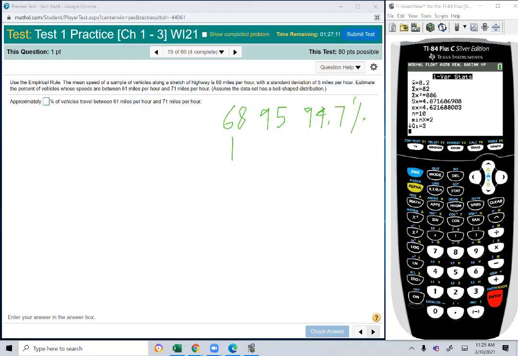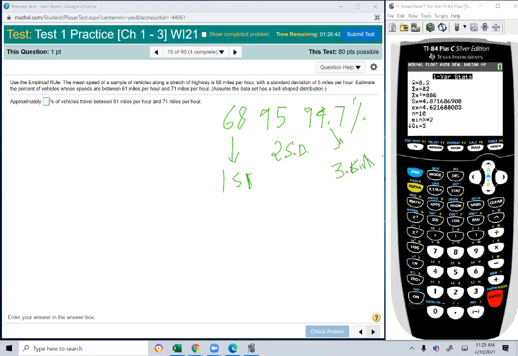The 68, guys, is 1 standard deviation within the mean. The 95 is 2 standard deviations. And the 99.7 is 3 standard deviations from the mean. Okay, here's what I'd like you to look at, guys. 61 and 71. The mean is 66 and the standard deviation is 5.